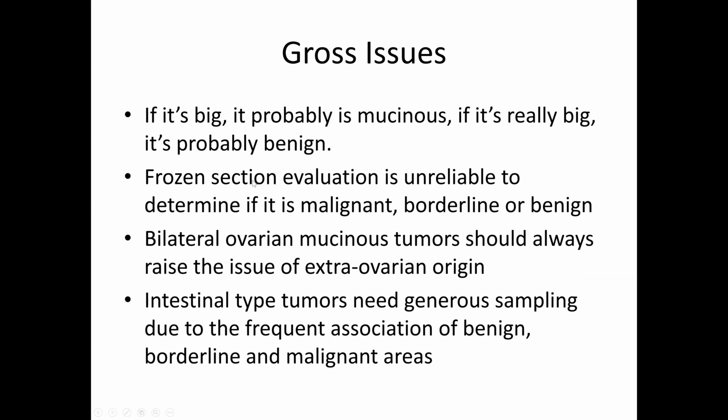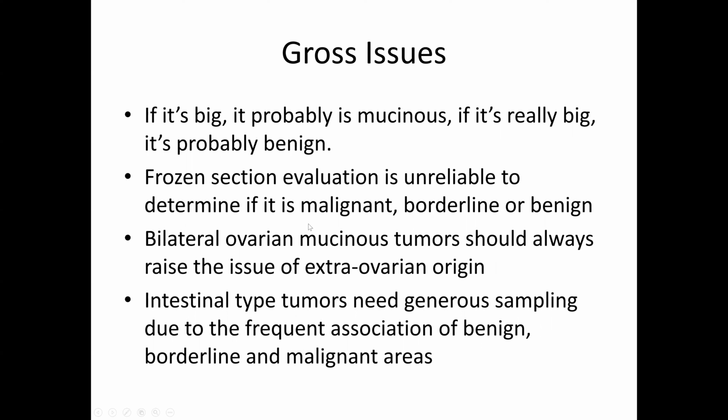And so generously sampling mucinous tumors at the time of frozen section can be useful to help steer and guide treatment. I would say we typically do between 2 and 4 tissue sections of any given mucinous neoplasm, maybe even a few more if there are differing morphologies that need to be evaluated grossly.